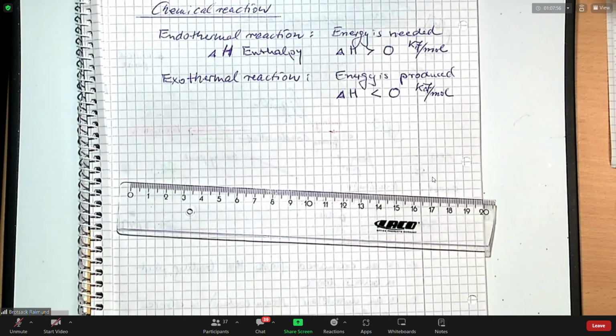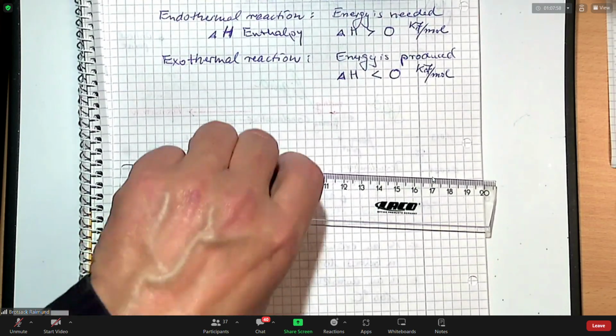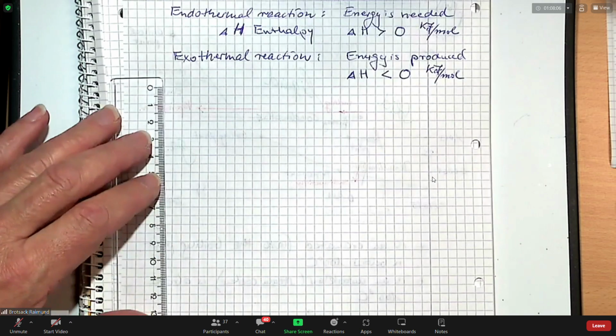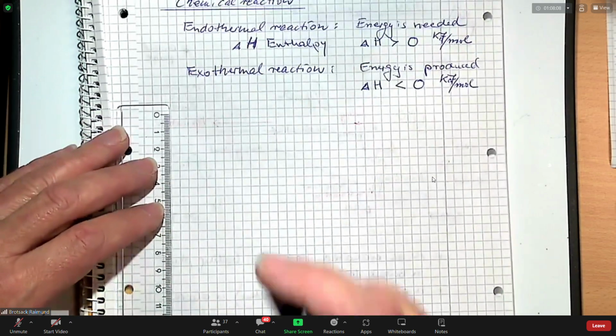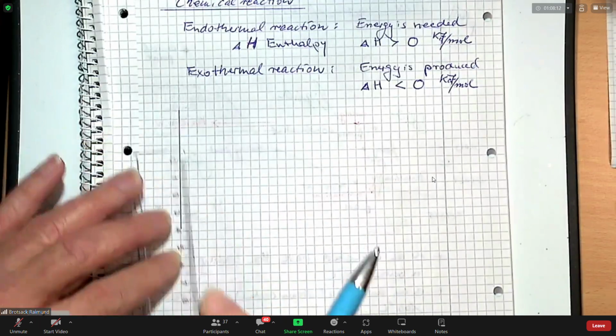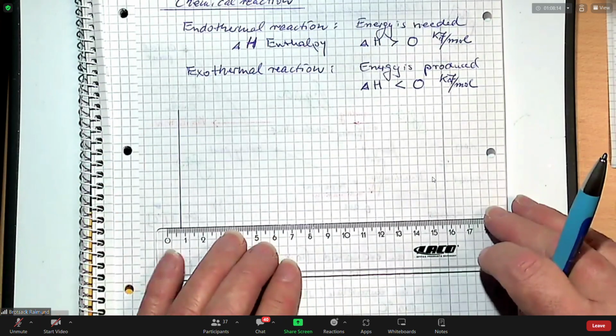We'd like to have another view on water again, because this is, as already mentioned, one of the most important molecules in life. We draw a graph.